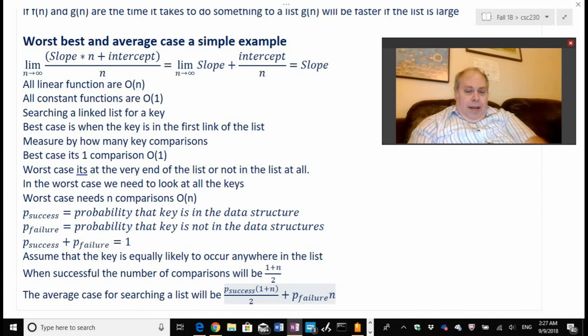Now there's different ways to algebraically rearrange it, but it's clear this is a linear function.